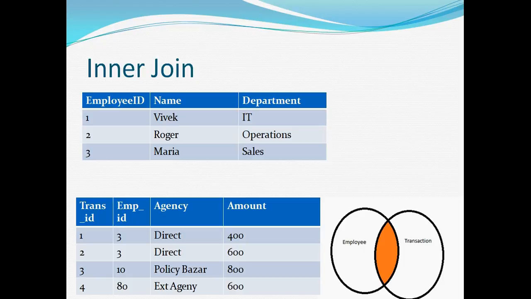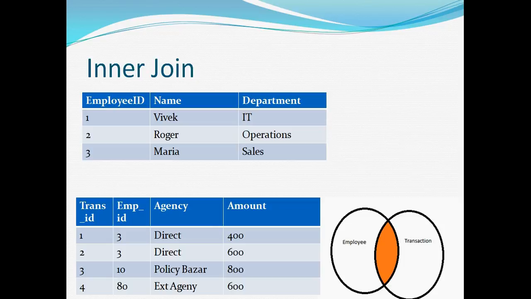It's present in the employee table as well as the transaction table. The same goes for these two entries where the employee ID is 10 and 80. They are not in the other table, so we won't consider them as a part of the inner join. So only records pertaining to Maria will be shown as an output of the inner join.